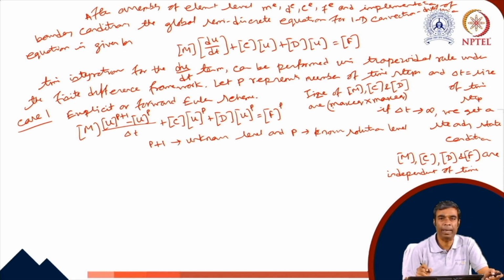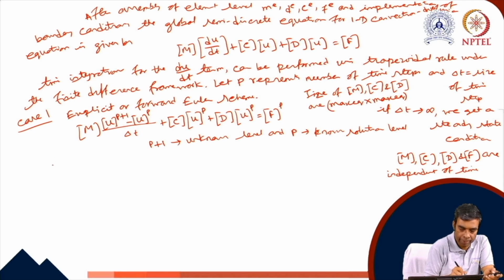Max q means the maximum number of equations. So after assembly, the number of equations we have in the global system is the size of all matrices M, C and D. So we have max q number of global equations.